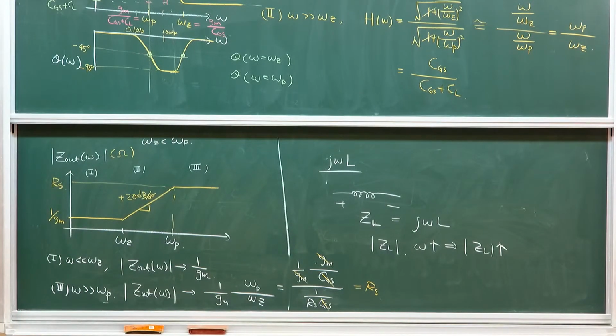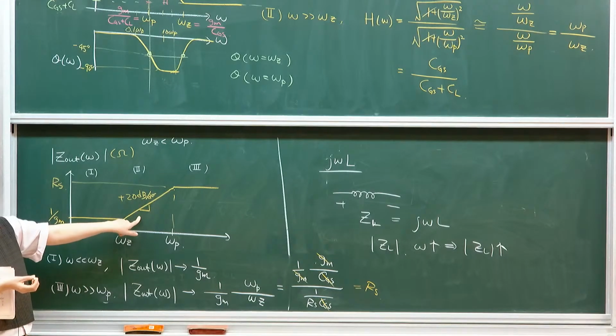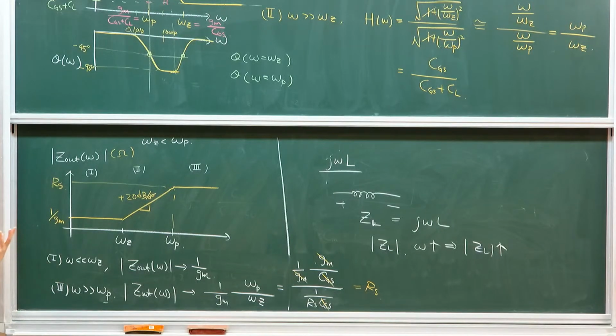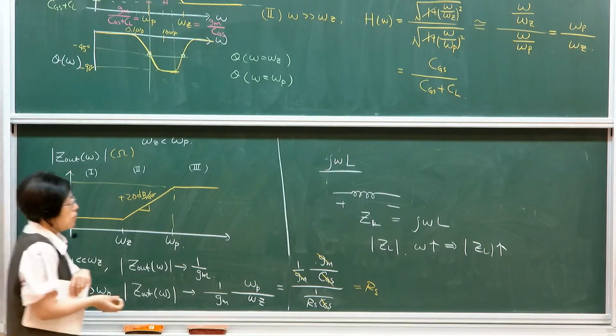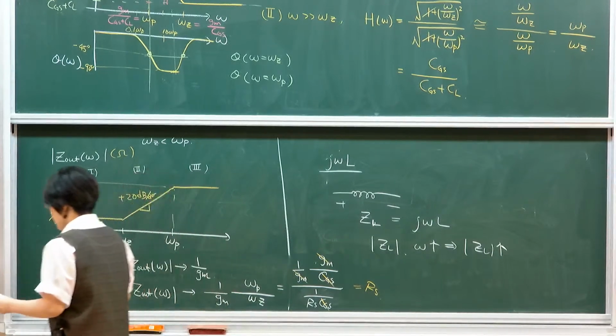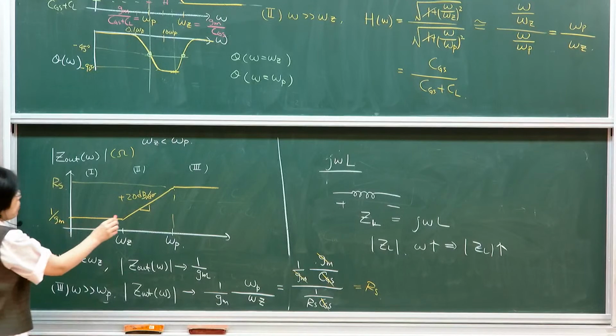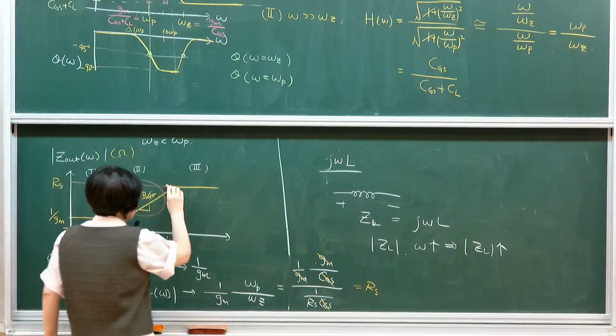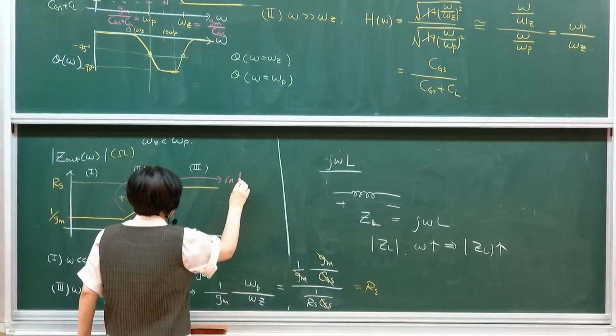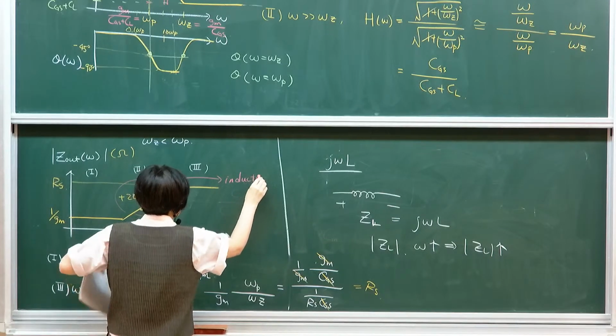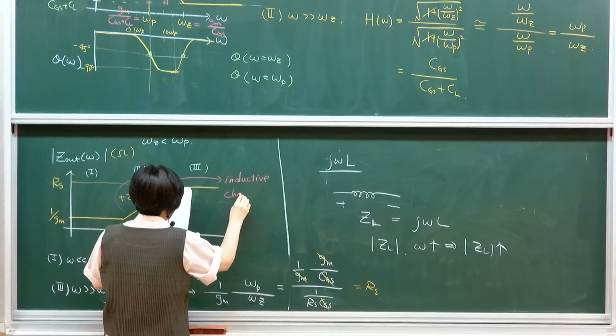As frequency increases, the induced voltage increases, so that it leads to an inductive response. So this is what we call the simulation of inductive response. Typically, if you have this sort of response, we call it inductive characteristic.